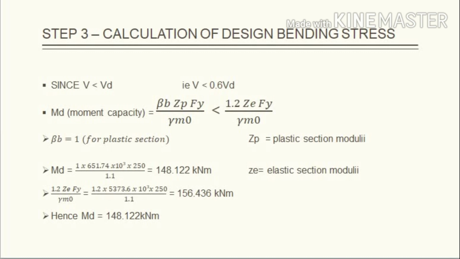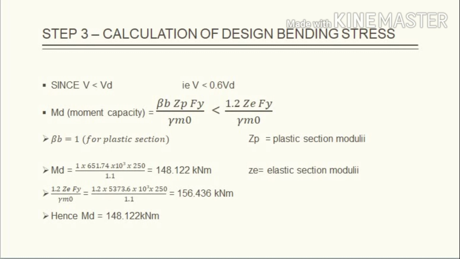As you know, we have seen in tension member and compression member that gamma M0 is equal to 1.1. So MD is equal to 148.122 kilonewton meter. And also the next factor, 1.2 Z D Fy by gamma M0, is equal to 1.2 into 5373.6 into 10 raised to 3 into 250 divided by 1.1, that is equal to 156.436 kilonewton meter.